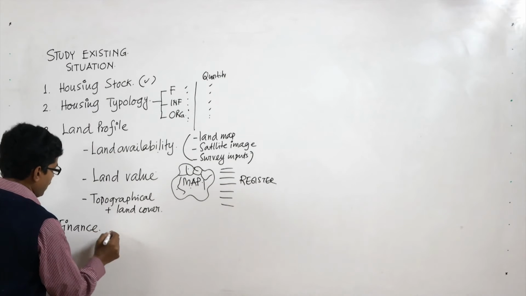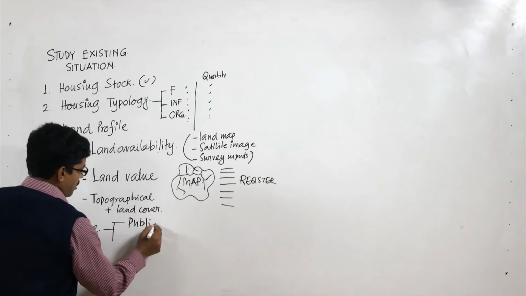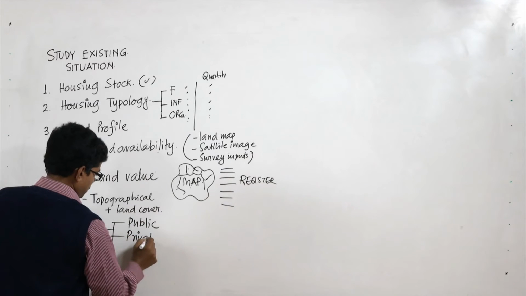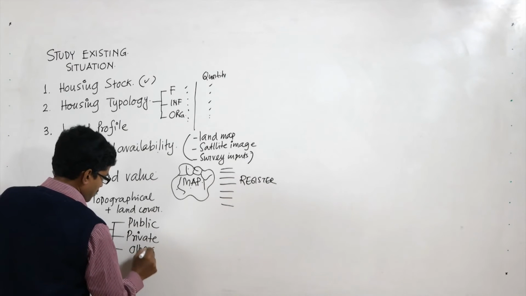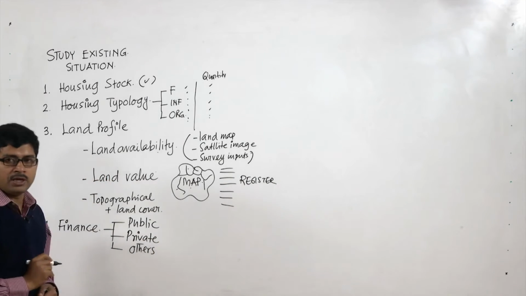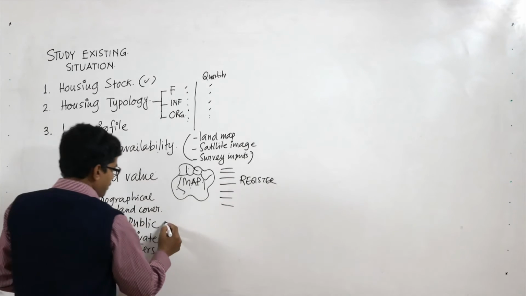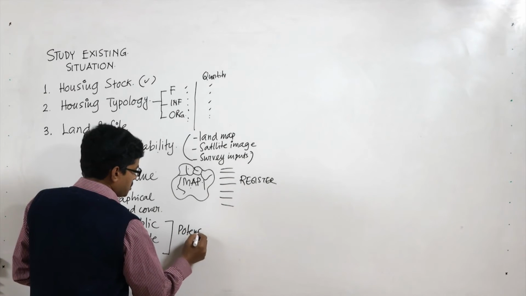So, finance available at the public sector, private sector and others. It is very difficult to estimate how much finance is available, but definitely you can give a try to estimate the potential investors.